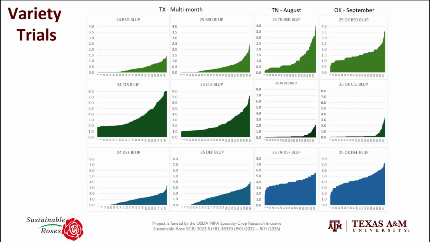And you can clearly see there's G by E. The collection of roses react differently to different environments with respect to different traits. But another thing that you'll see there is there's a good range of resistant to susceptible materials for every given trait in the case of diseases.